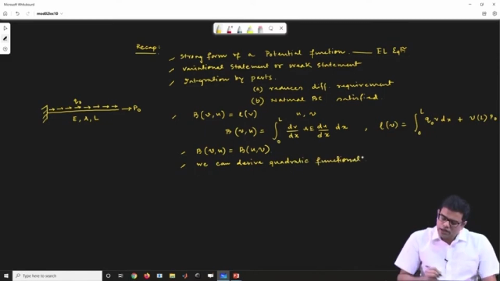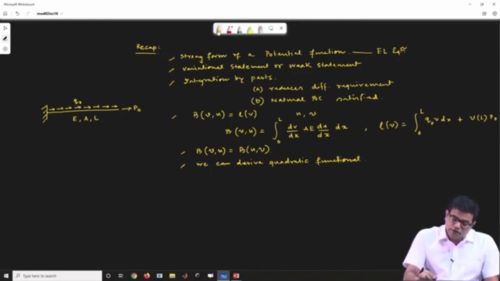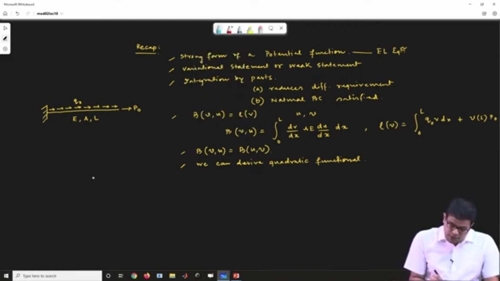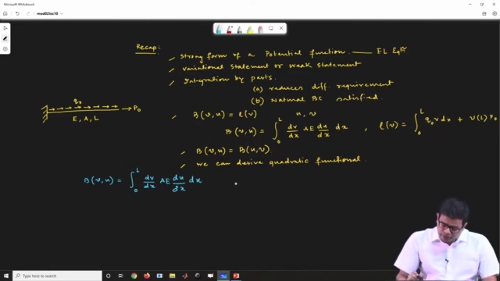Let us see how we can define the quadratic functional. Take the bilinear form B of V comma U, which is integral 0 to L of dv/dx AE du/dx dx.